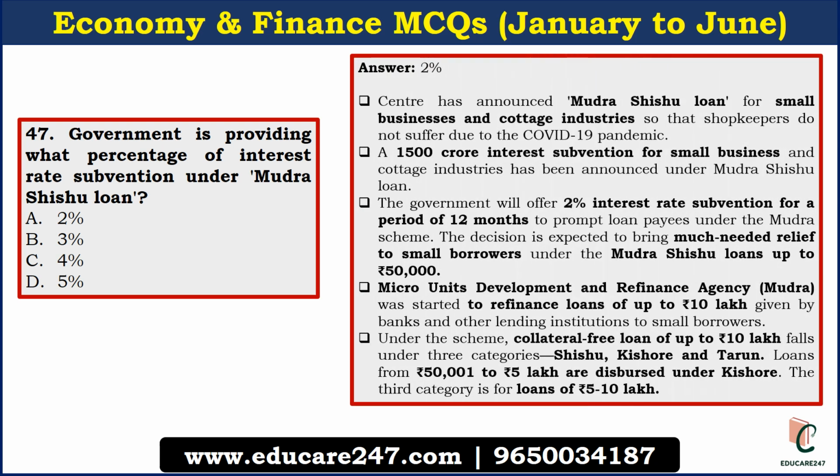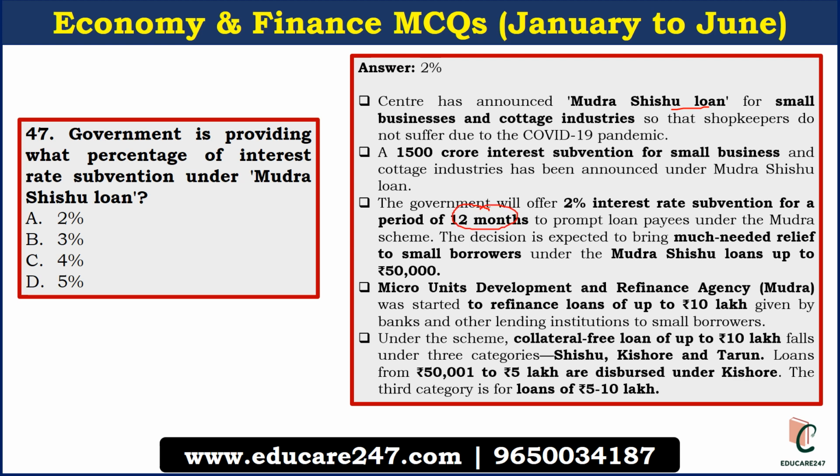The answer is 2%. The Center has announced the Mudra Sisu loan for small businesses and cottage industries so that the shopkeepers do not suffer due to the COVID-19 pandemic. A total of 1500 crore interest subvention will be given for small businesses and cottage industries, and a 2% interest rate subvention will be given for a period of 12 months to promote loan repayment under the Mudra scheme.